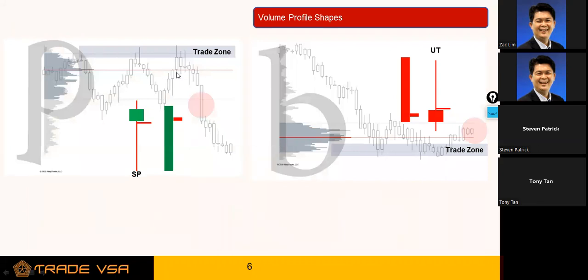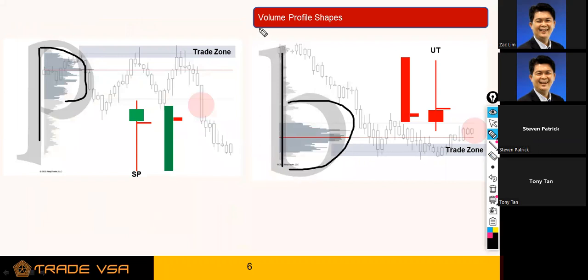when you see the P in the big picture at the upper part, then it becomes a distribution, and you see the B in the big picture usually when you have a price drop. So here it becomes a concentration at the accumulation.